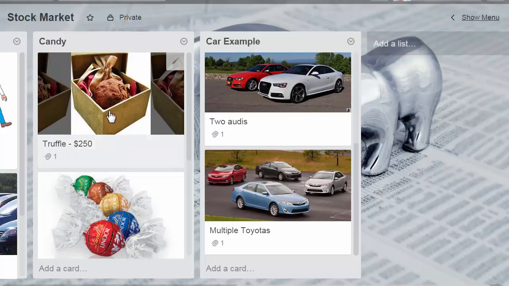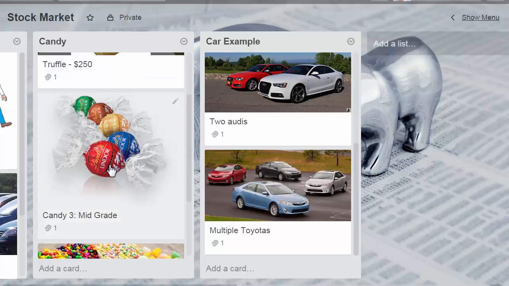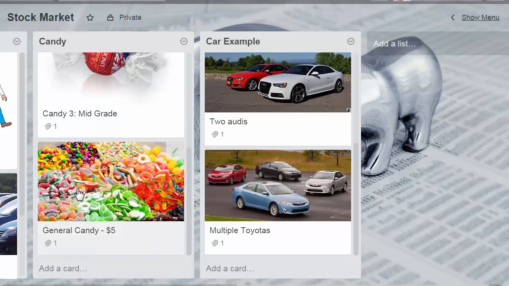When you're talking about the Truffle, you'll make one or two trades and make a lot more from those few trades. When you're doing something like a Lindor Truffle, something mid-grade, then you might make a dozen trades and get decent reward. When you're talking about just cheap candy or very discounted things, you're going to have to make hundreds of trades or a lot more trades in order to capitalize and get a good return.